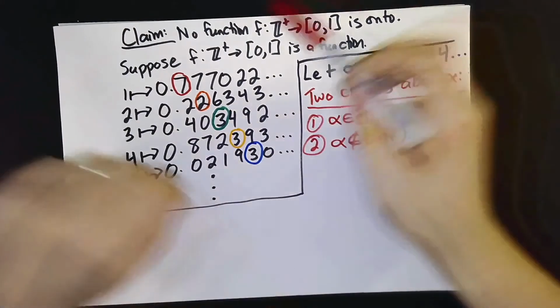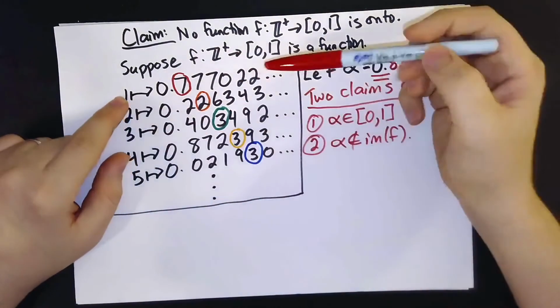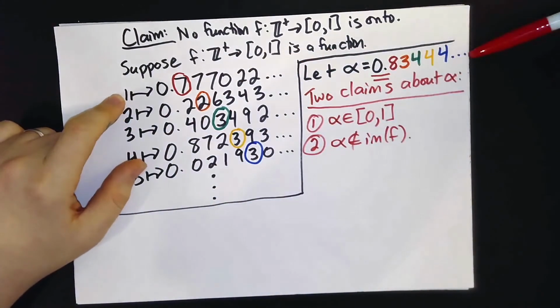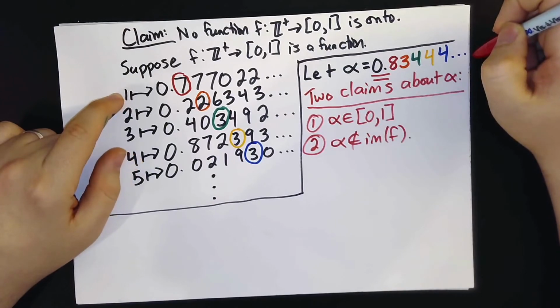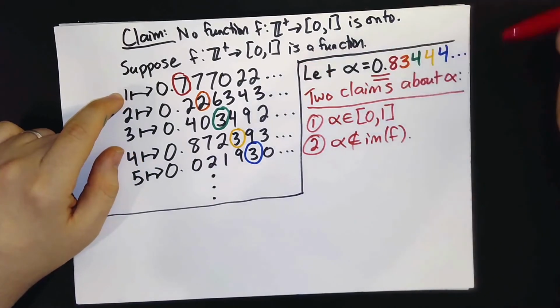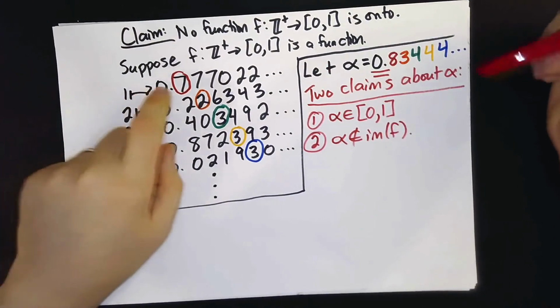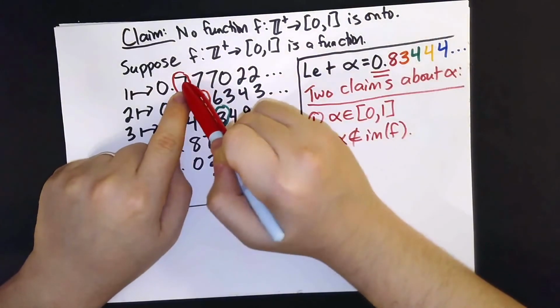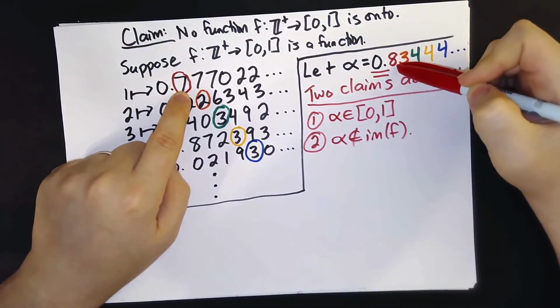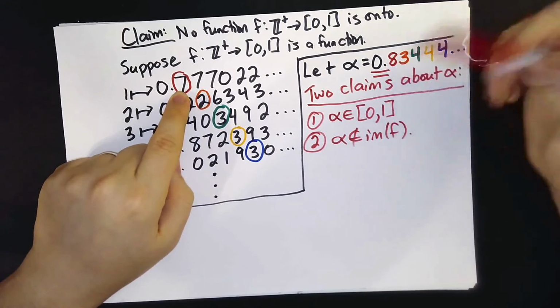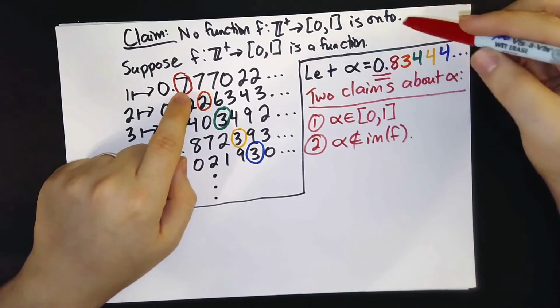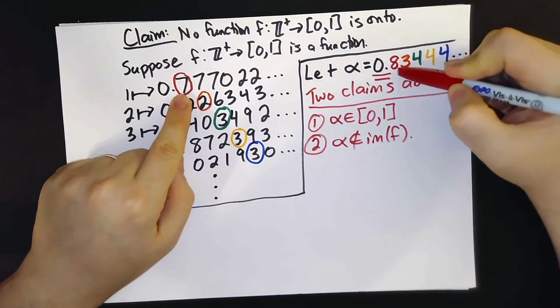And so here's the argument. This first one here, well, alpha can't be f of 1. Why can't alpha be f of 1? Because f of 1 has a 7 in this slot, whereas alpha has an 8. And the not-so-profound fact we're using here is that if two numbers have different decimal expansions, they're different.